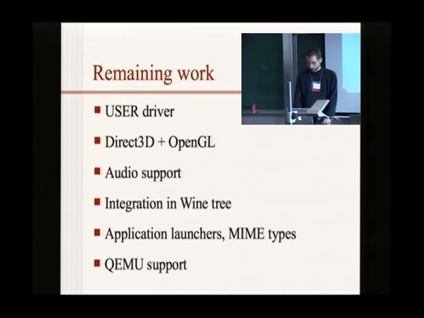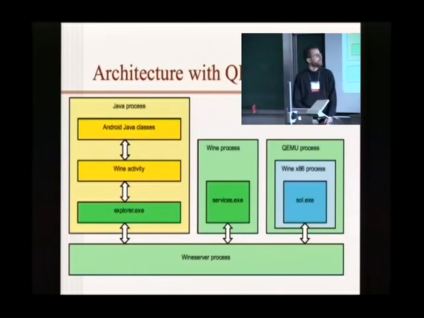Yeah, so the way I'm doing QEMU, here's the architecture. Normally what you do with QEMU is you simply run the whole of wine under QEMU, and then in theory everything works just fine. You get wine x86 and you run that under QEMU and it works. The thing is, on Android you cannot do that because parts of wine are running inside the Java process. And on an ARM device you cannot get an x86 Java VM and run the Java process under QEMU.